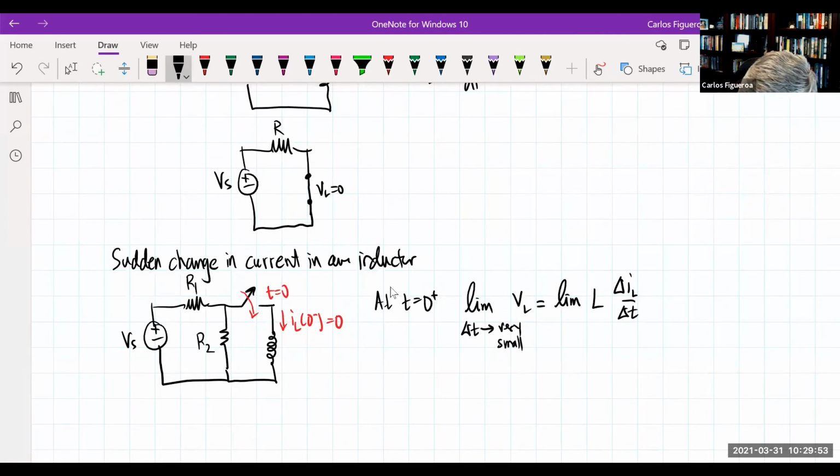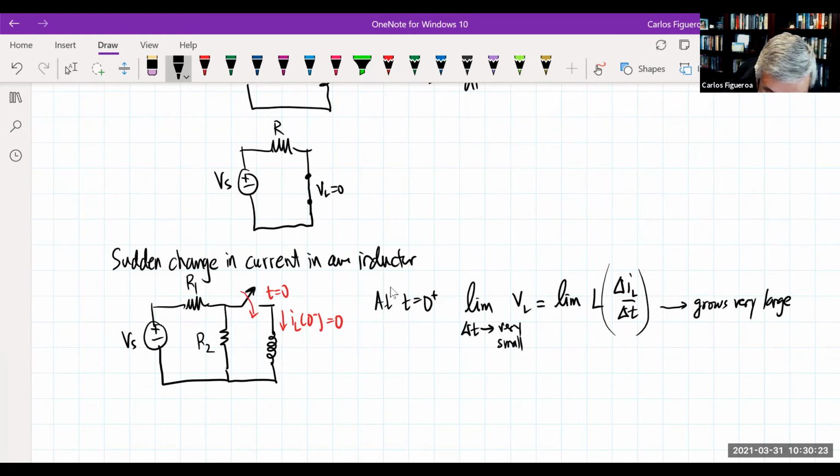You can see that as delta t gets really, really tiny, this grows very large. And if it grows very large, that means all of the voltage drop is going to be on the inductor, so it takes up all the voltage here.